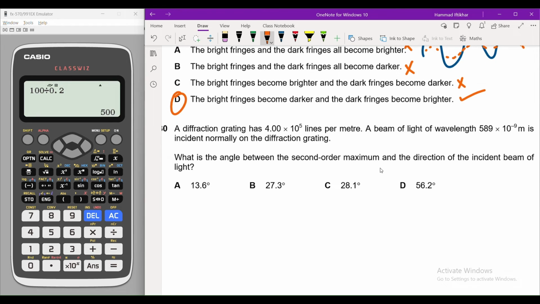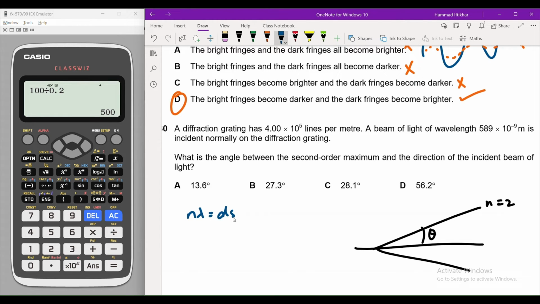The diffraction grating has 4 × 10^5 lines per meter. A beam of light of wavelength 589 × 10^-9 meters is incident normally on the diffraction grating. What is the angle between the second order maximum and the direction of the incident beam of light? So basically this is n equal to 2, and we need to find this angle over here. So n lambda equals d sine theta.